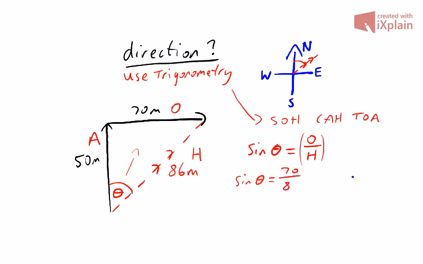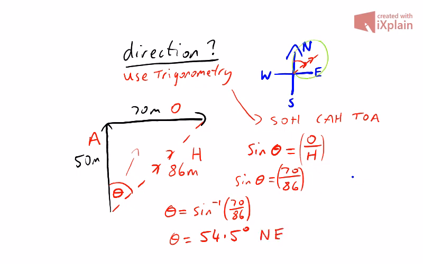Sine theta is going to be 70 over the 86 metres. Then we plug that into the calculator. Once you've taken the inverse of sine, you'll get 54.5 degrees. Now we also need to put in the compass direction there. If you look at your compass points in the top right hand corner, you'll see that it's northeast. So that is your direction.